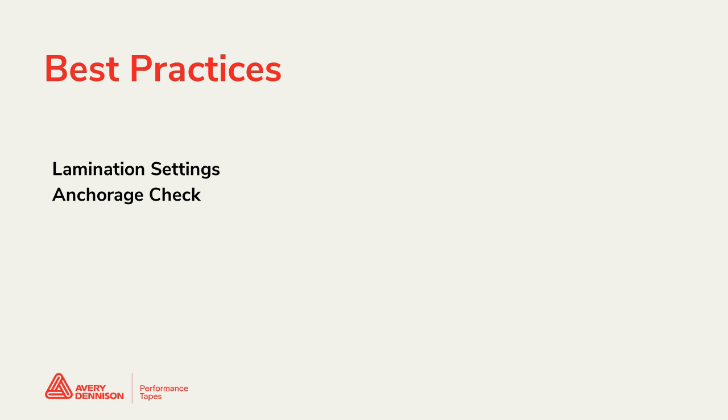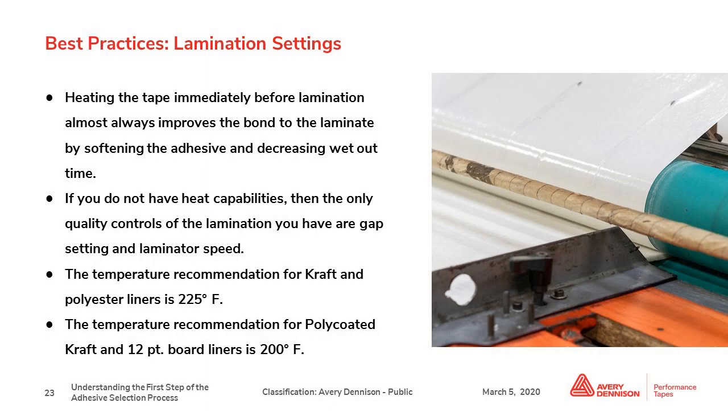These are publicly available. So the first one we have for lamination settings best practices is that we like to recommend heating the tape up before it's being laminated, and that's with an inline heating drum on your laminator. Whenever you're able to heat up the tape, you're going to soften the adhesive a little bit, which means it's going to flow more.